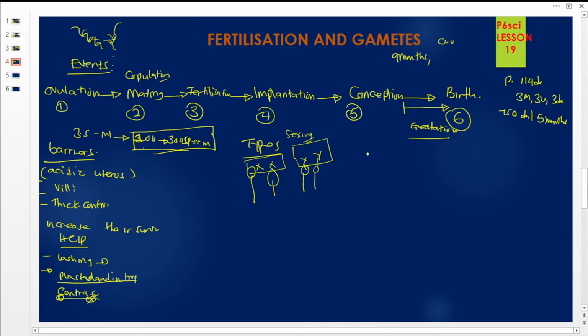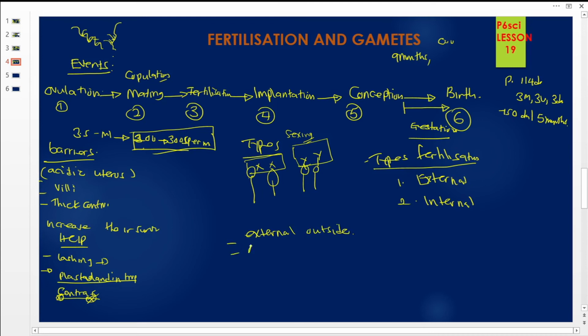After you've understood that, let us look at what we call types of fertilization. One, we have external fertilization. Two, we have internal fertilization. External fertilization is the type of fertilization that takes place outside the body of a female animal, and this is a characteristic of animals like the amphibians and the fish.